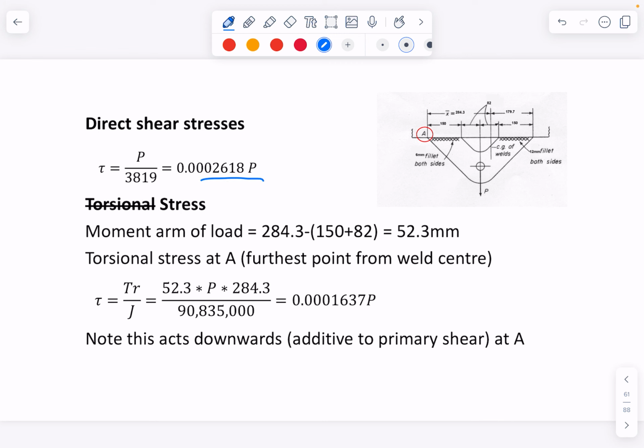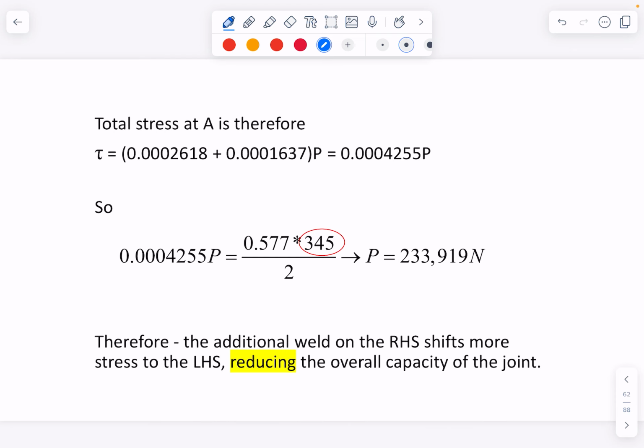So left weld, right weld, we get a J total. Our direct shear stress has gone down, I'd say. The moment arm, however, gives me this 53 millimetre or 52 millimetre amount here that we need to put a moment across. So we can calculate that, right? On this side it's acting downwards. We can add those together, equate it, and 233. So call it 234 kilonewtons.